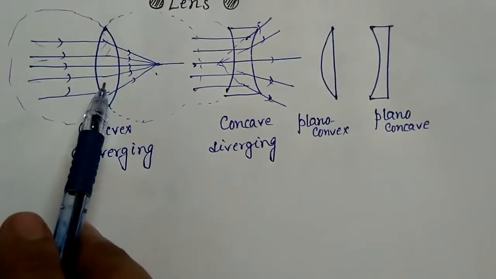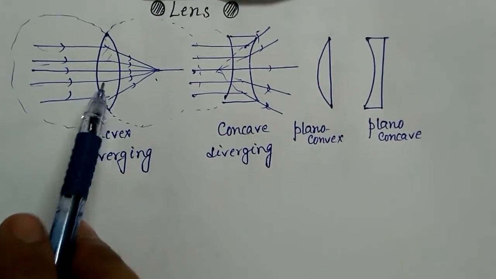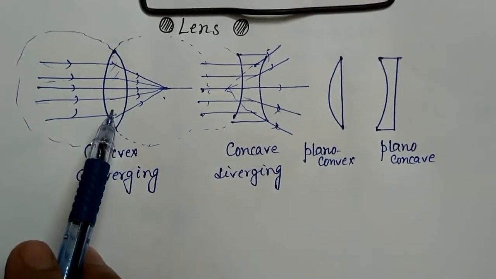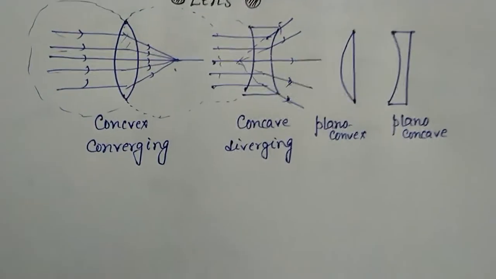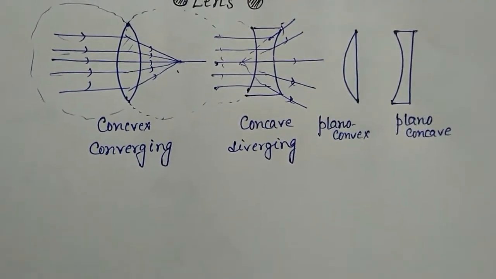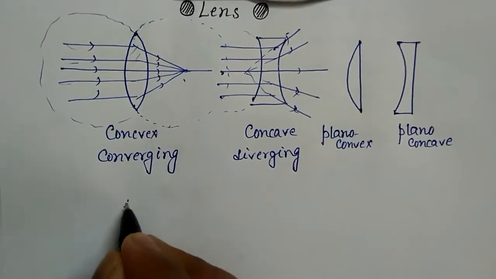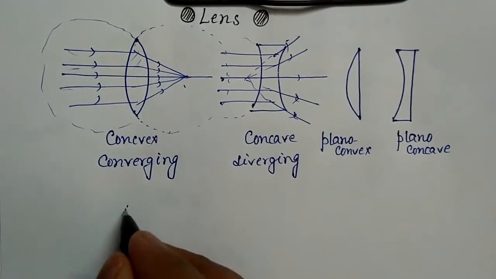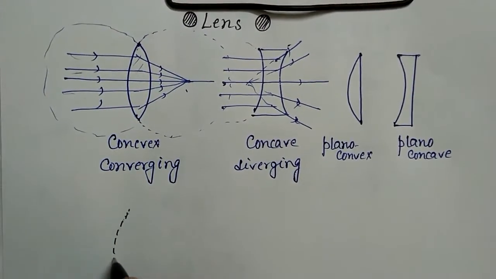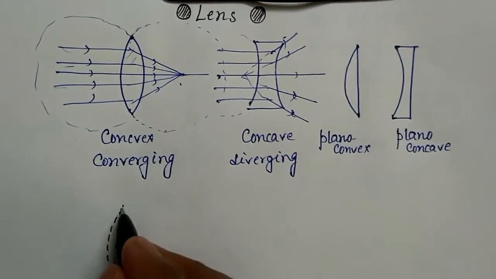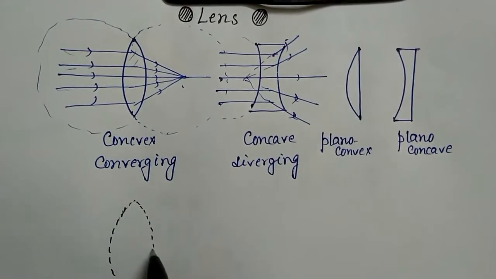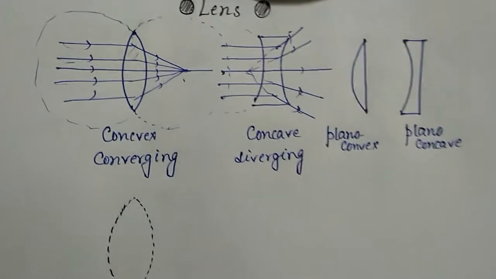We shall explain the action of this lens by the action of a prism. How? Let me draw an outline of the lens. So let's say this is the outline of the lens.